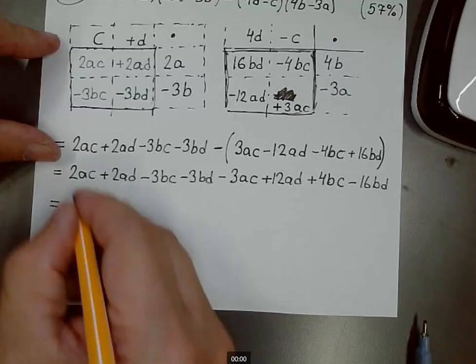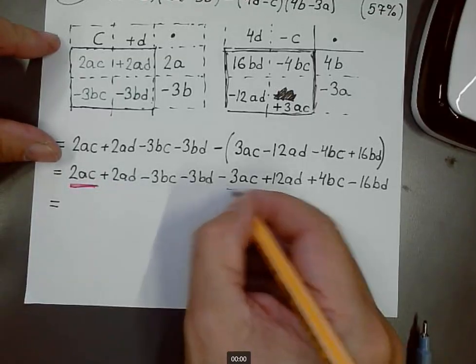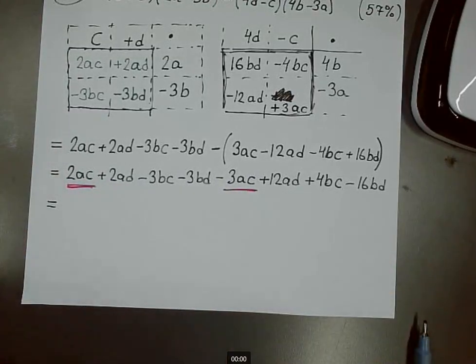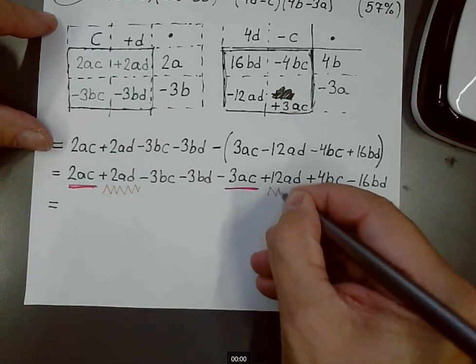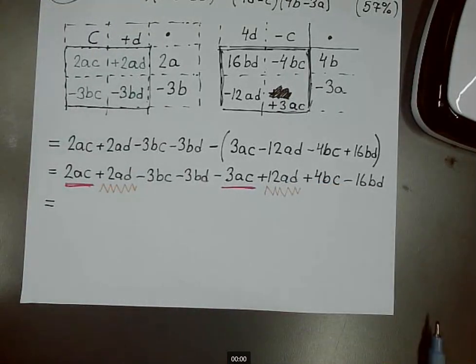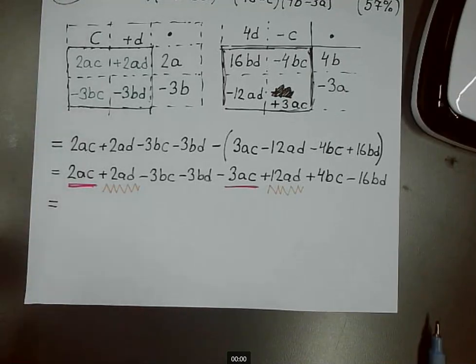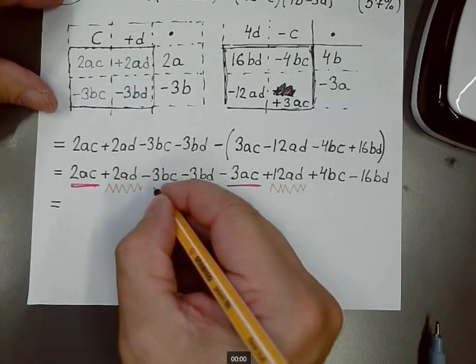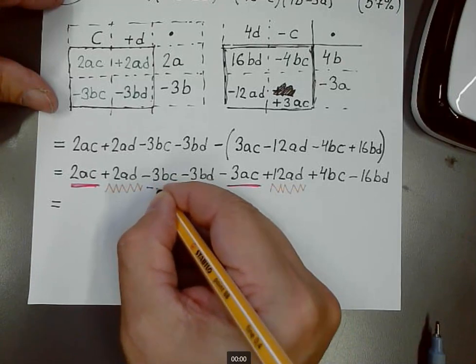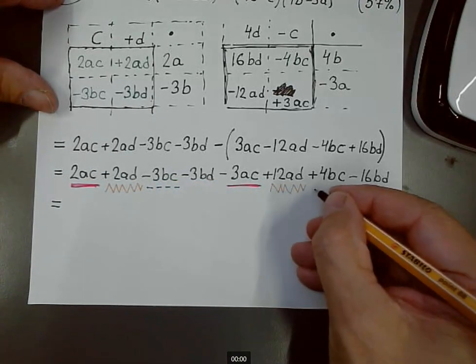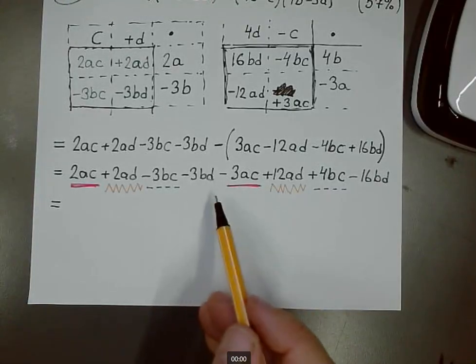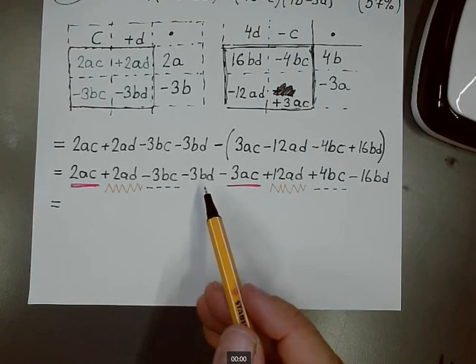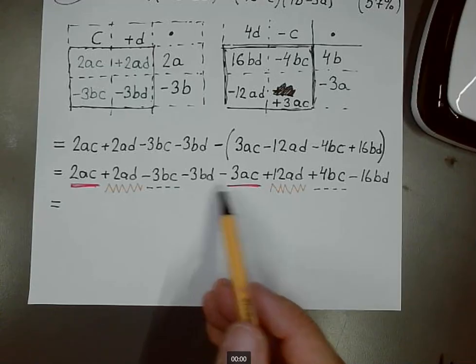We have AC here and here. Then we have AD, for example, here and here. And then we have BC. I will use this kind of marking. And then the last one, I won't write anything below it.